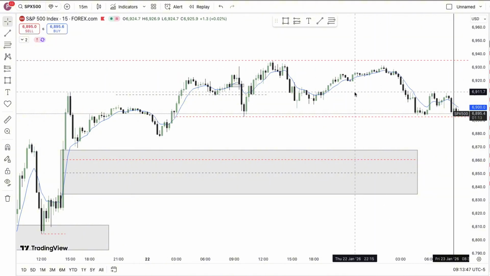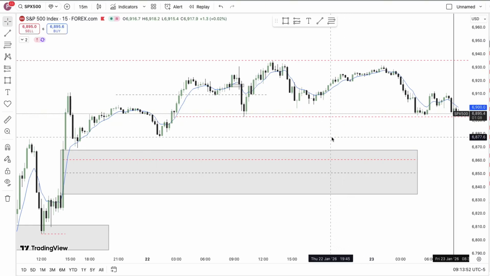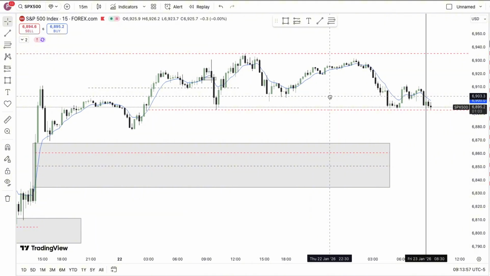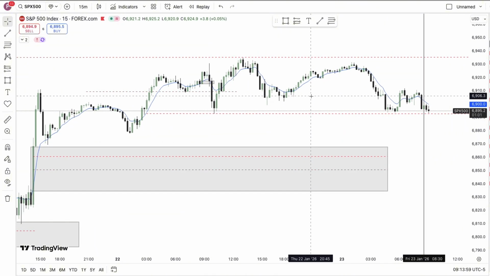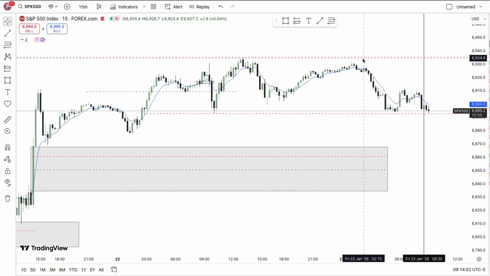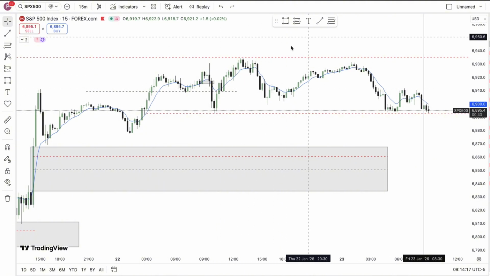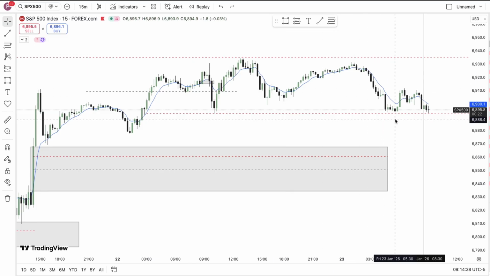That was when I realized the selling pressure. Price wants to correct before it continues going up. And when it failed to make a higher high, it took this low too. It took this low, so it shifted from bullish to bearish.